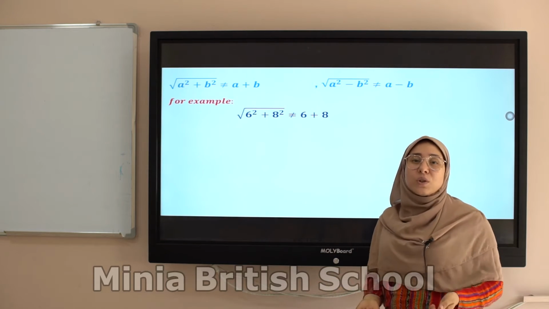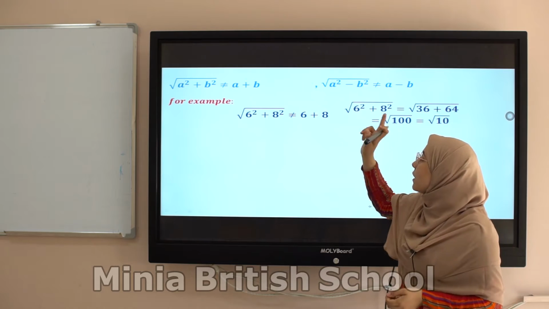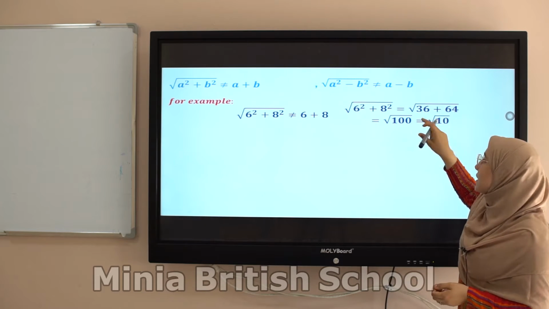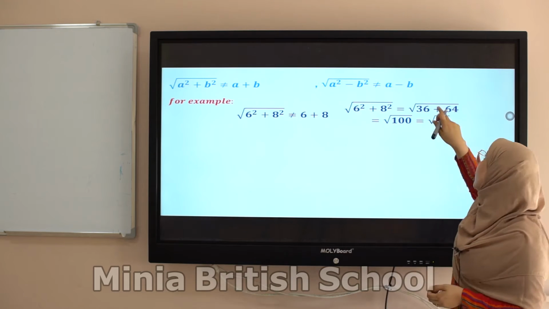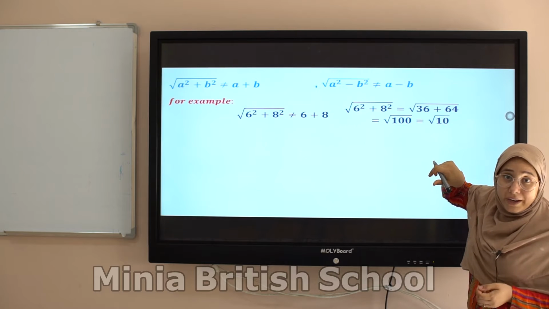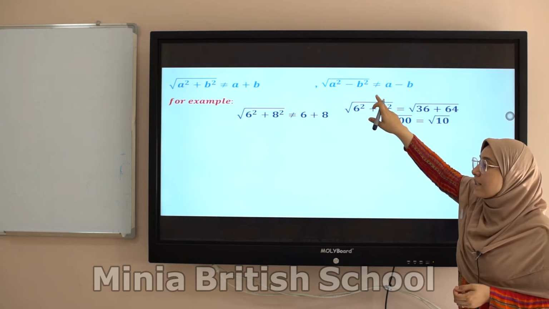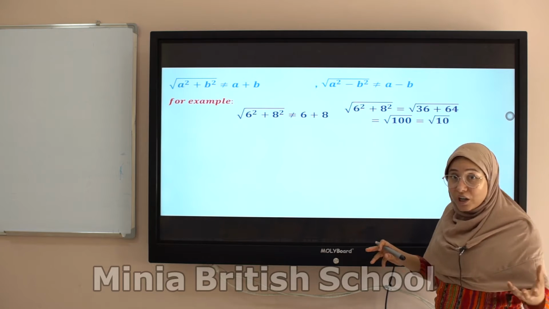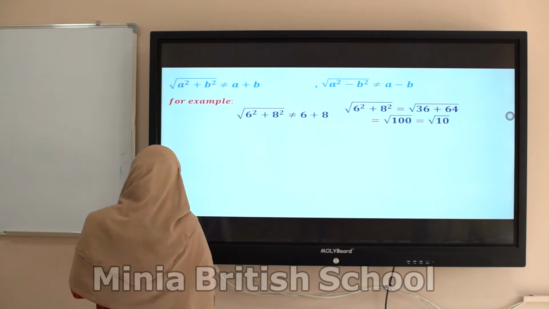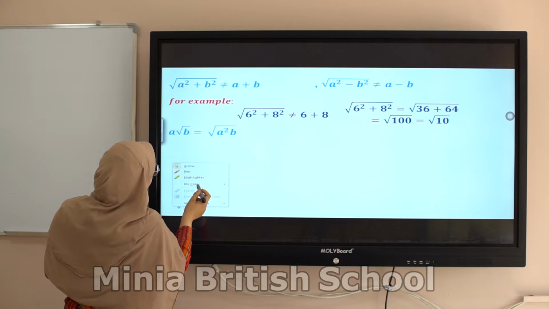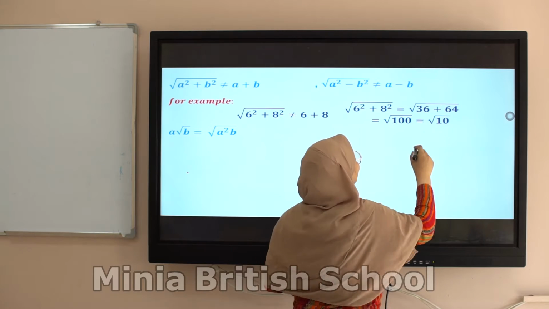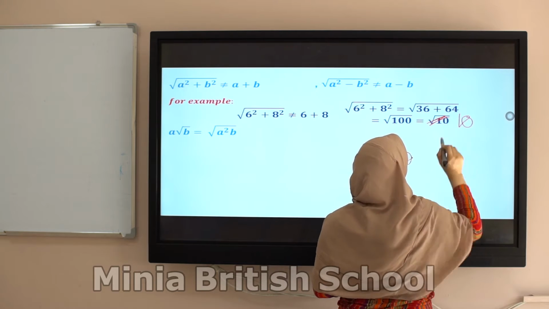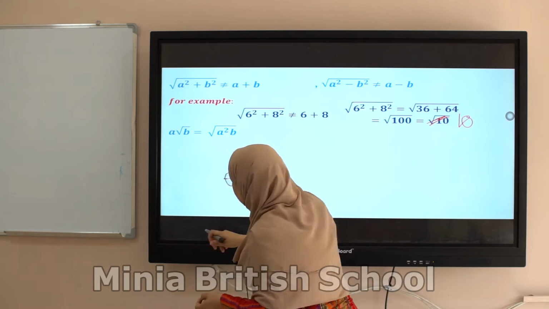It's wrong. Because 6 power 2 equals 36 and 8 power 2 equals 64, okay? So root of 6 squared plus 8 squared equals the square root of 100, and the square root of 100 equals 10, okay?